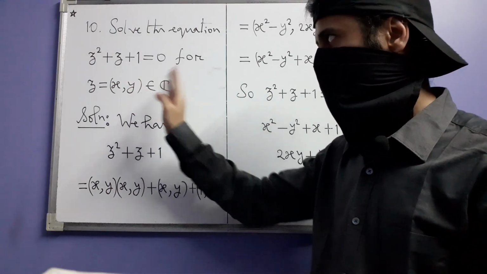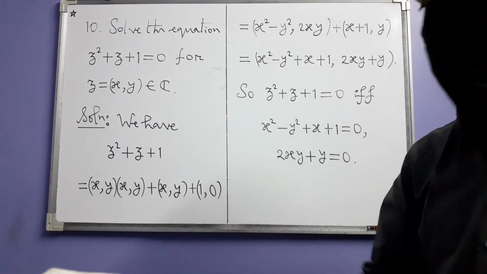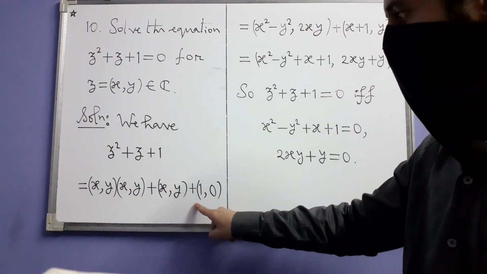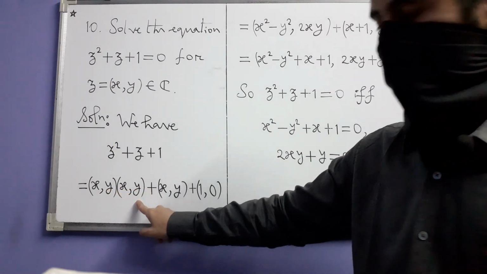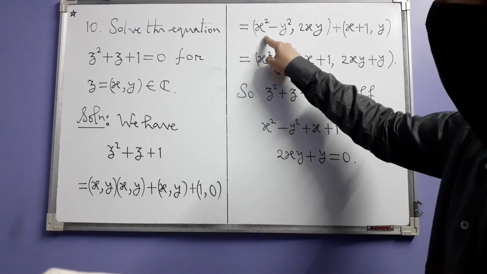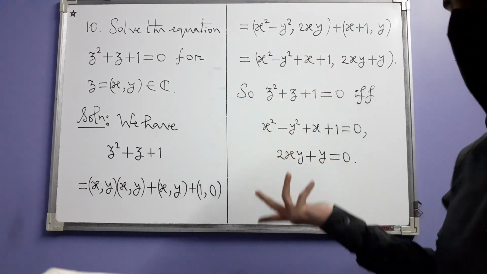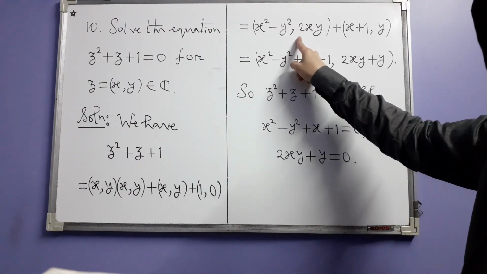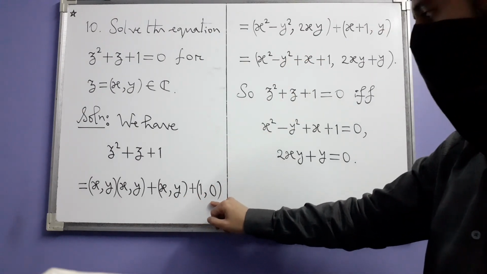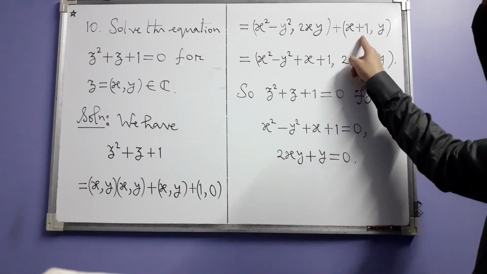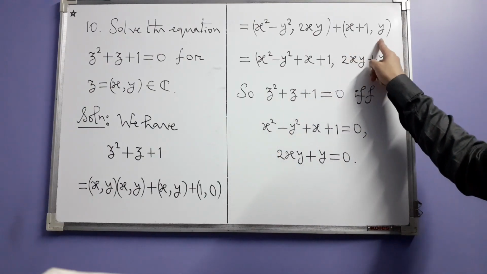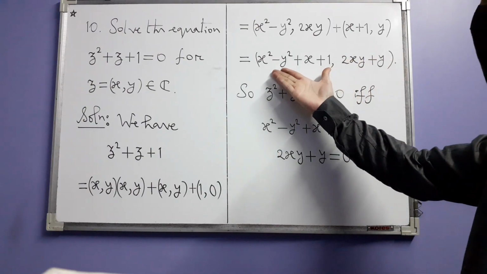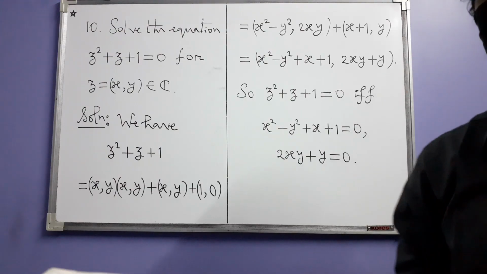If you write (x, y) in place of z, this is what you will get. Now you carry out the multiplication and you will get this. You can see it yourself: (x squared minus y squared, 2xy). And if you add these up, you are going to get (x plus 1, y plus 0), that is y. So ultimately, this is what you are getting.